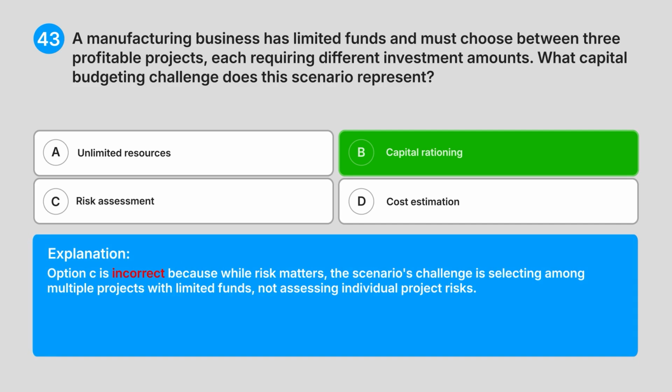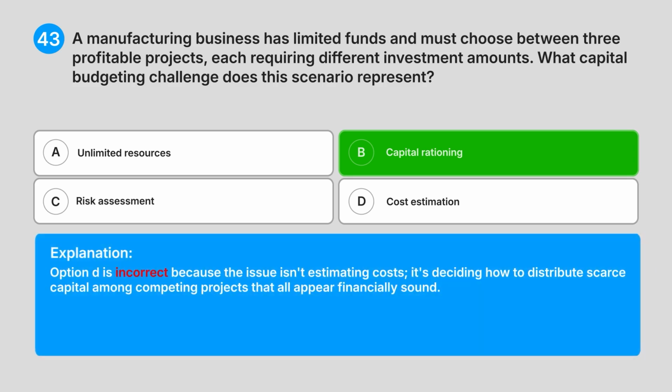Option C is incorrect because while risk matters, the scenario's challenge is selecting among multiple projects with limited funds, not assessing individual project risks. Option D is incorrect because the issue isn't estimating costs.